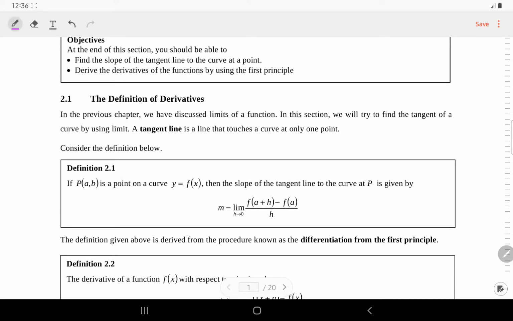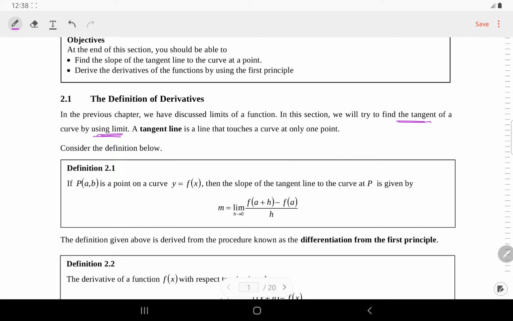Actually, the idea of derivative and the idea of slope of tangent come from the limit of a function, which we discussed in the previous chapter. So in this subtopic, we'll try to find the tangent using limit.